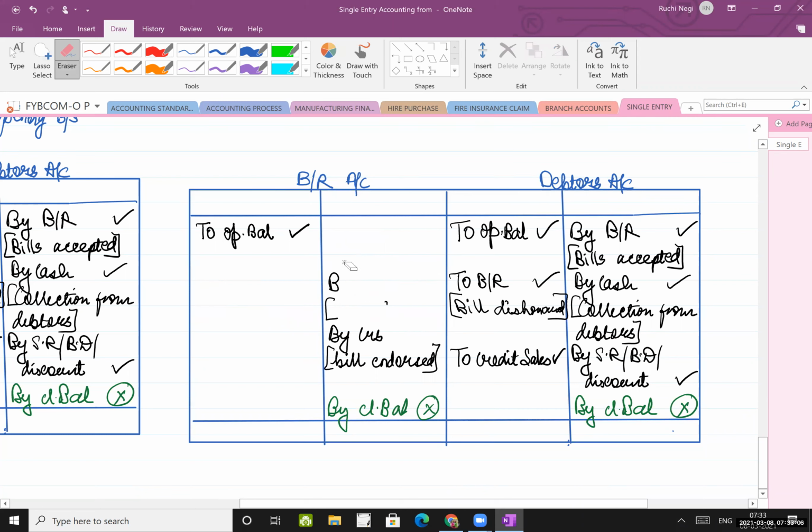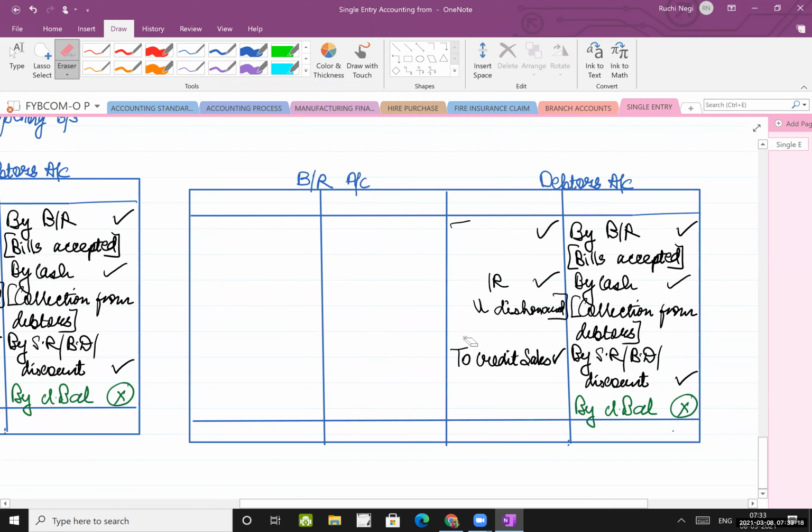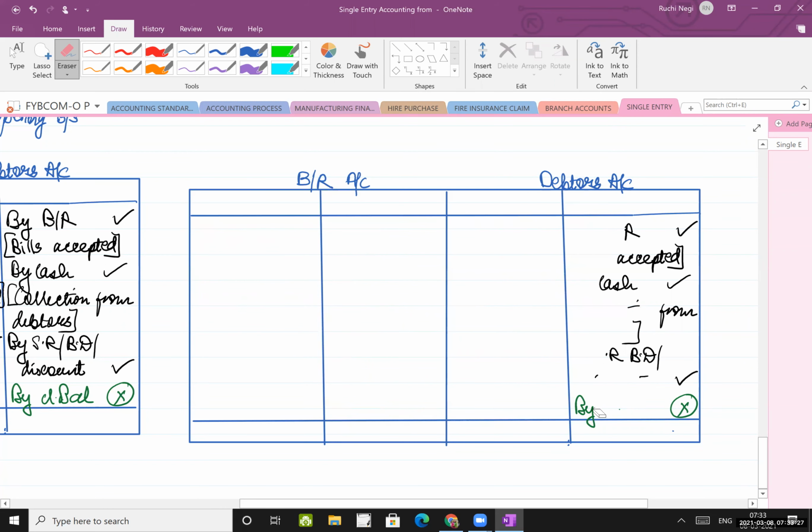Okay, so prepare our bills receivable and bills payable. I mean bills payable and creditors. और bills receivable हमेशा bills payable से पहले बनेगा, because in case if there is any balance in bills receivable, it will be transferred to debtors. That is the reason bills receivable पहले बनेगा.